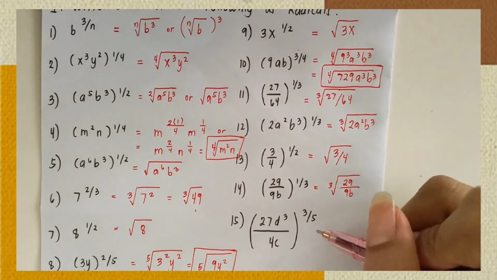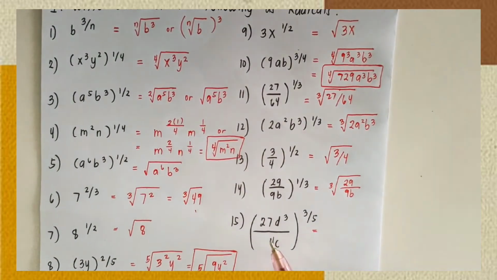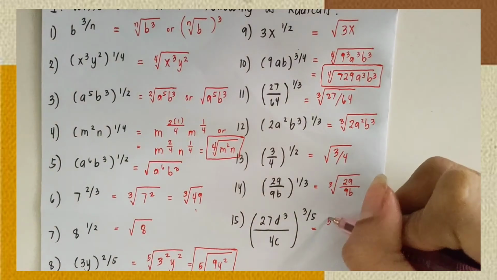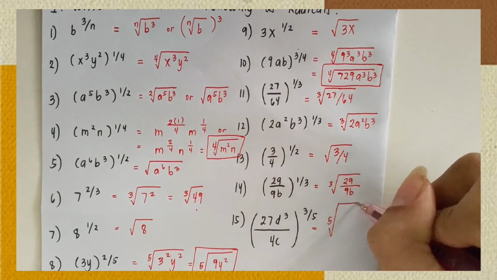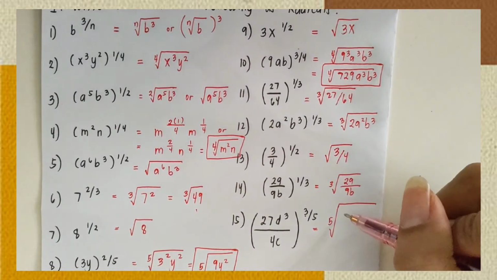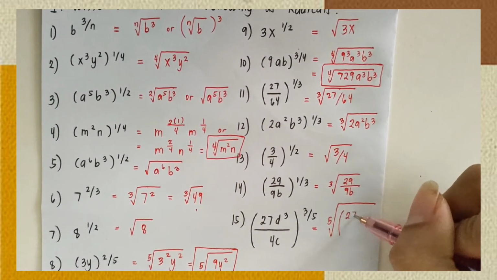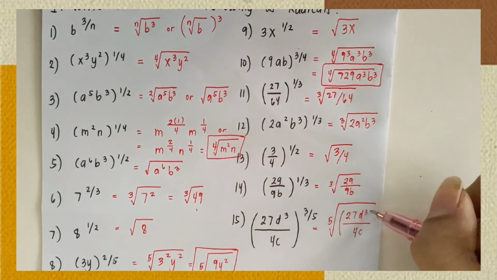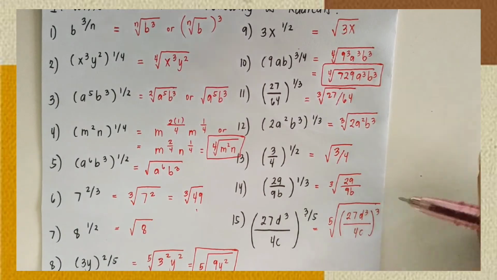Last, 15. 27d cubed over 4c raised to 3 over 5. 5 will be our index, so we have the 5th root of, then distribute 3 to 27d and the 4c. So we have here 27d cubed over 4c cubed.